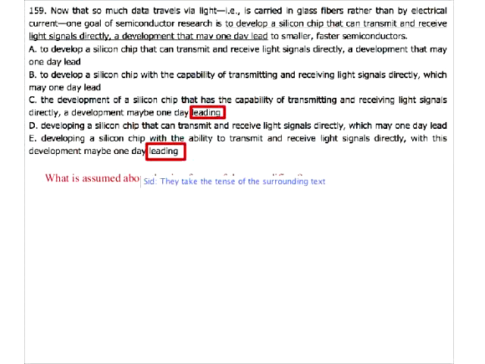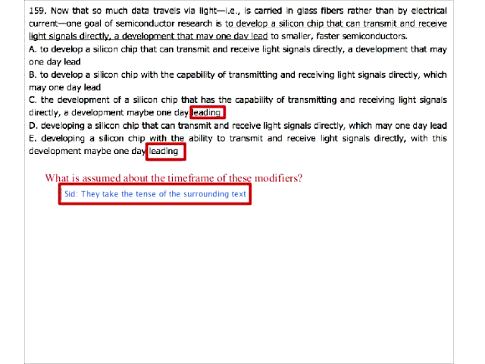Well, here's what's assumed about the time frame of these modifiers. This is exactly correct. They take the tense of the surroundings. But by surrounding, what Sid means more exactly is they adopt the time frame of the clause to which they are attached.